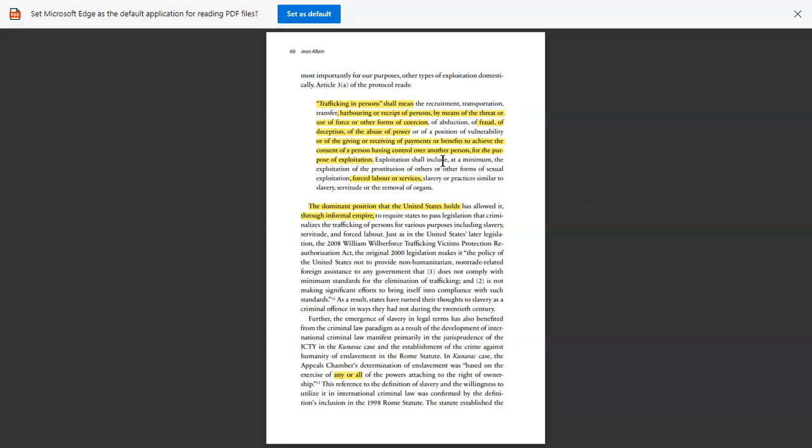So exploitation includes at a minimum the exploitation of prostitution, of other forms of sexual exploitation, but also forced labor or services. If you're being forced into giving labor or services, it is a form of trafficking in persons.